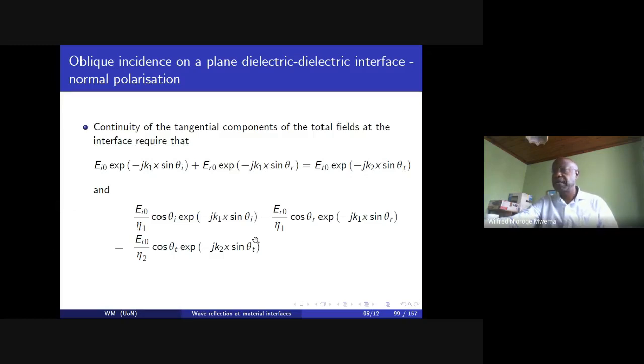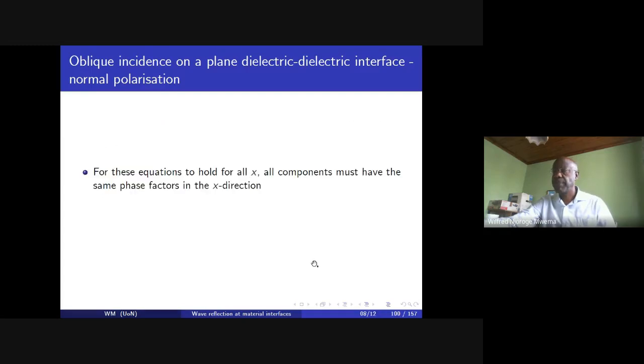And the magnetic field, that is the x component of the incident magnetic field and the x component of the reflected magnetic field must be equal to the x component of the transmitted magnetic field along the interface, that is.